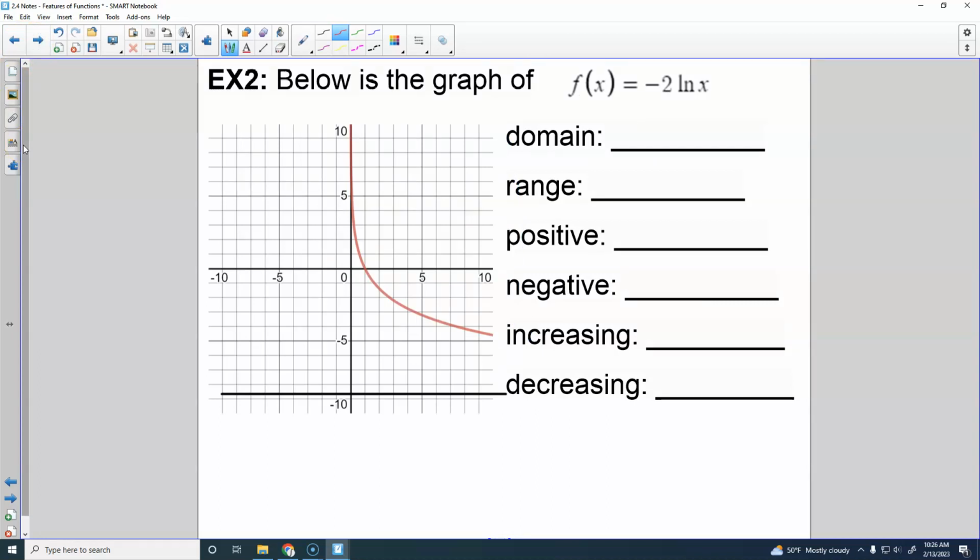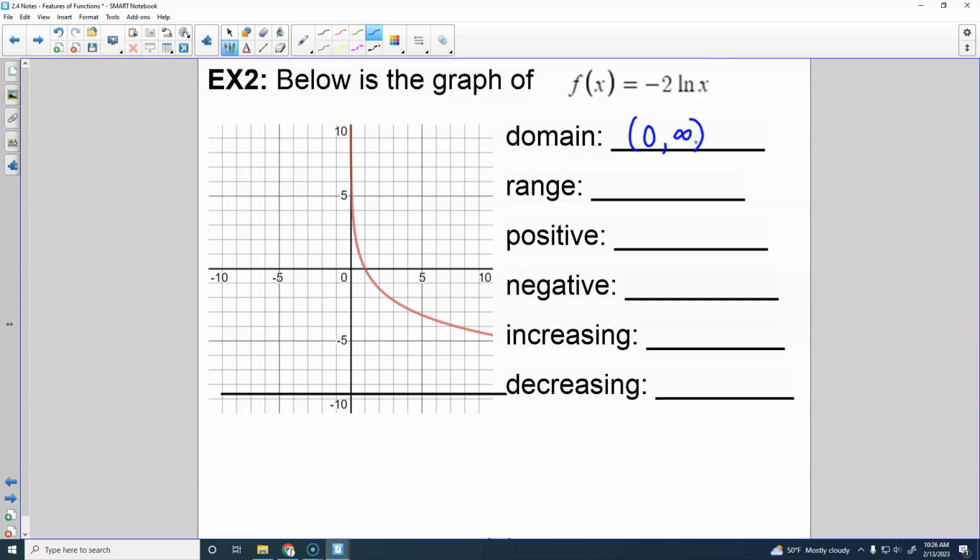All right, here's a natural log. We have already done some natural logs here. If we think back to what we have already done, natural logs always have that vertical asymptote, and they always have their domain restricted. For this one, we have a vertical asymptote right here at the y-axis, so our domain is just going to be 0 to infinity.